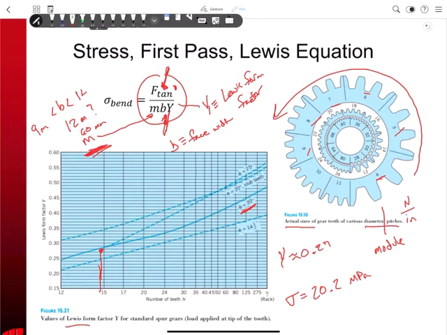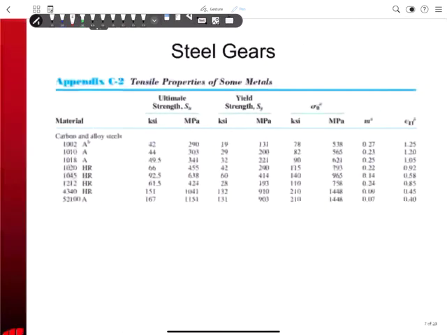Does that work? I don't really have a good feel for that, so let's take a look at some steels. I decided on 1045, and it's loaded in fatigue. Yielding is 414 megapascals. Wow.